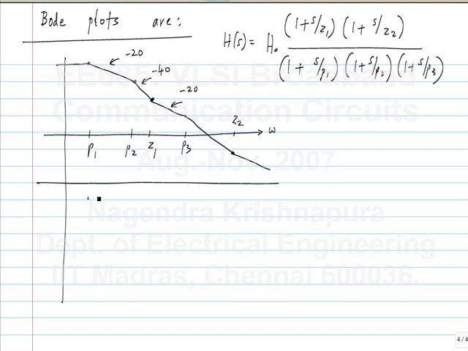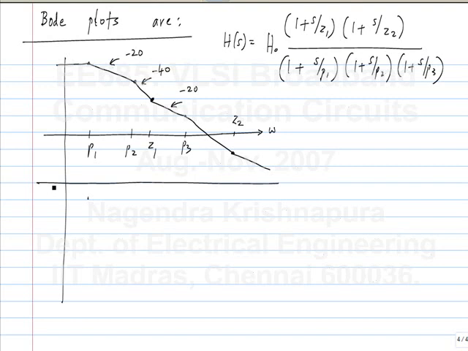How do you plot the phase response? At the value of the pole, you will have an excess phase shift of 45 degrees. Below the pole, it will be 0. Above the pole, it will be 90. So, phase lag of 45 degrees. In case of 0, it's a phase lead of 45 degrees. Let's assume that the poles are far away so that you can do this, but that may not always be the case.